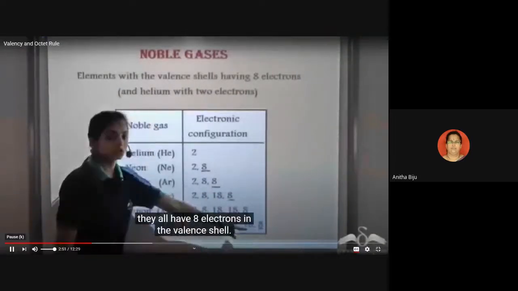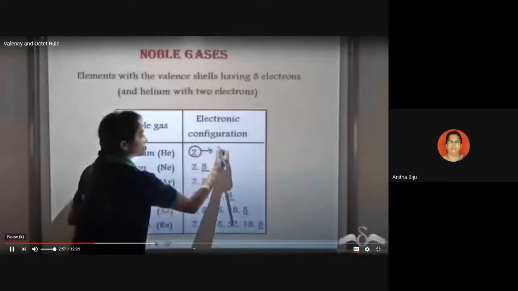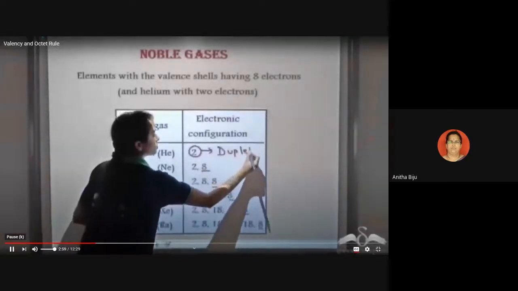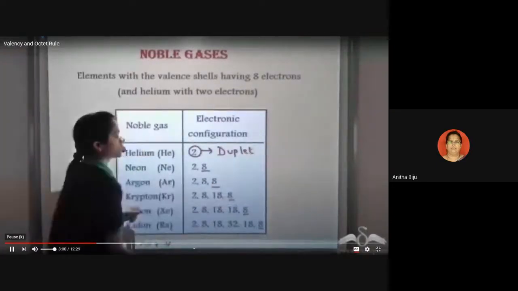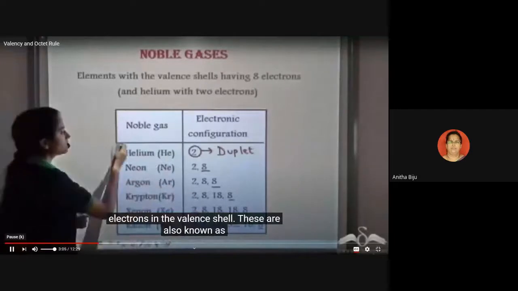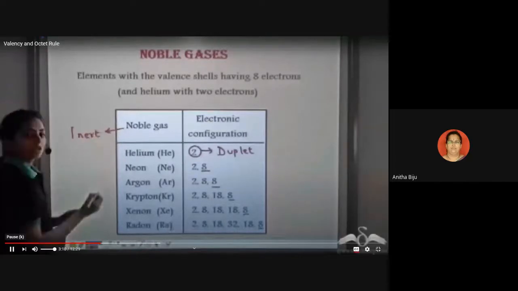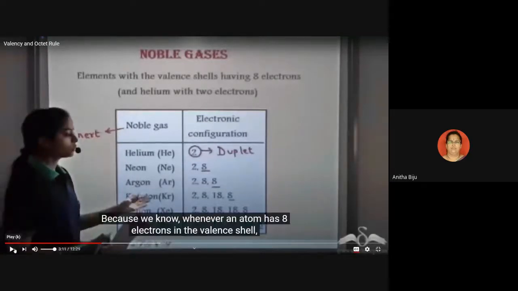The only exception is helium, as it follows a duplet. So the noble gases have 8 electrons in the valence shell. These are also known as inert gases. So you can mention this name also. Noble gases can also be known under the name inert gases.